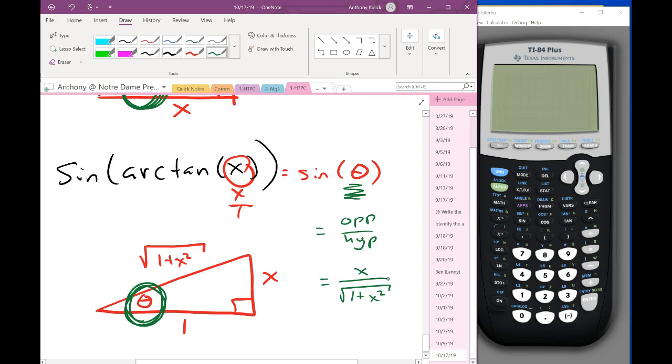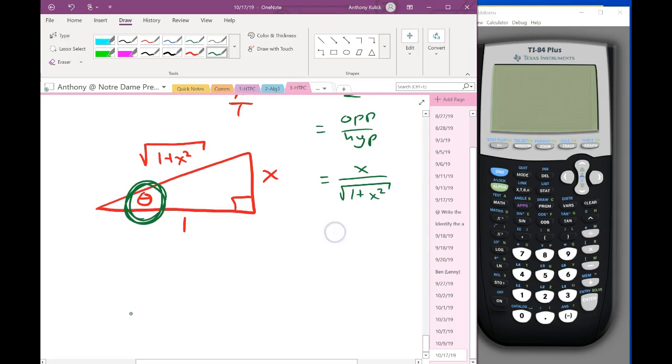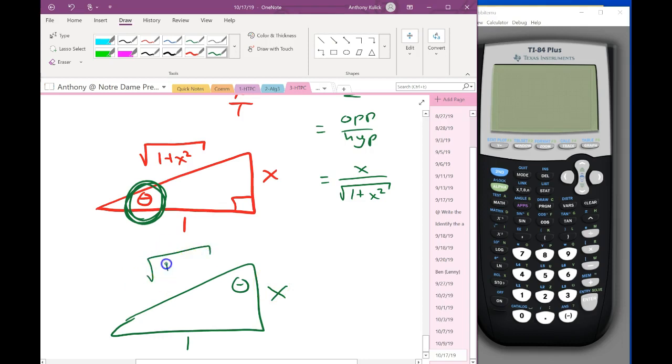So do you always choose that corner for the theta? You just need to pick wherever you're going to put your theta. Like I could have drawn my right triangle and put theta here, but then opposite would be here and adjacent would be there. And I still would end up doing kind of the same thing. Opposite was x, and adjacent would be 1. But you'd end up with the same result.